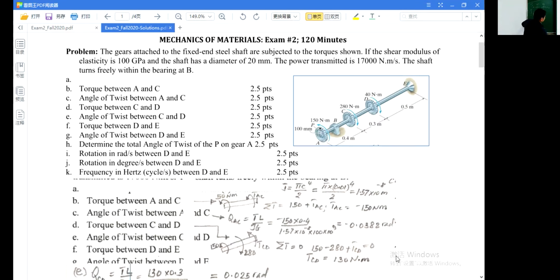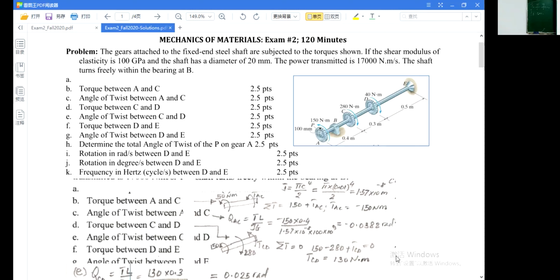So we can find TAC is 100 Newton meter. That's right. It's positive, not a mistake. It's a positive 150. Yeah, it's a mistake.